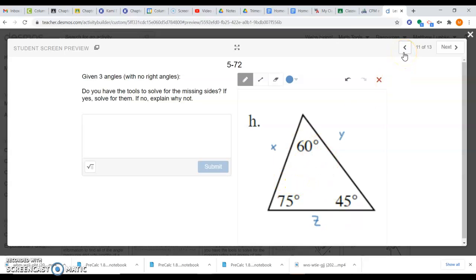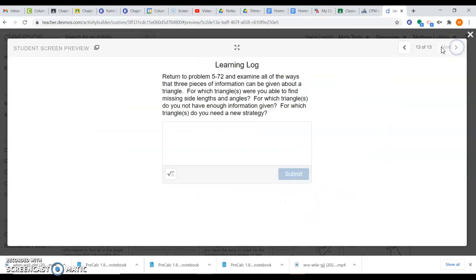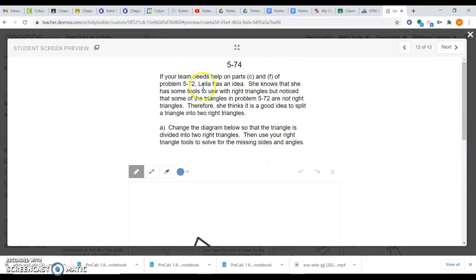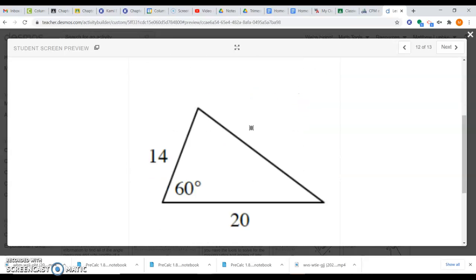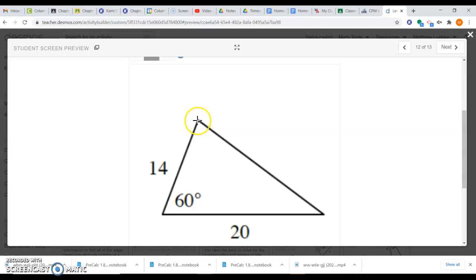Let's hop back then to 10, and let's see how we could maybe solve for X and Y here. Two different things work into this. One is slide 12, which talks about how Leah comes up with a strategy to solve for a missing side. She splits this into two right triangles.